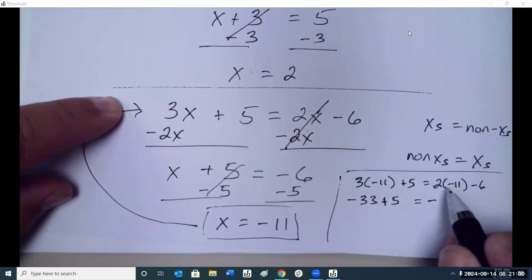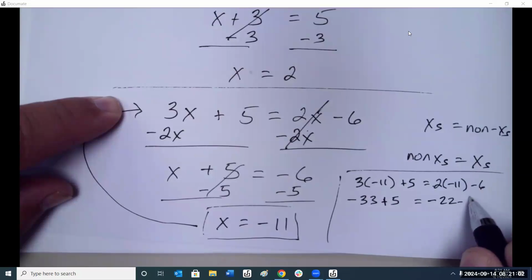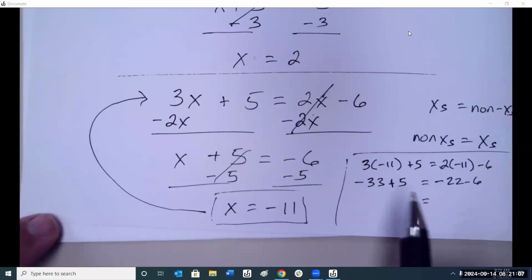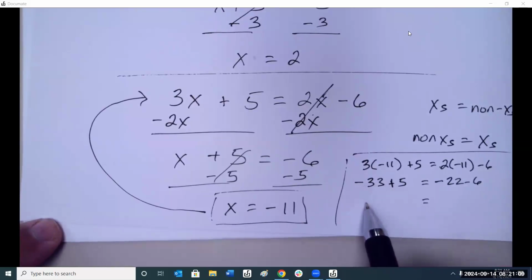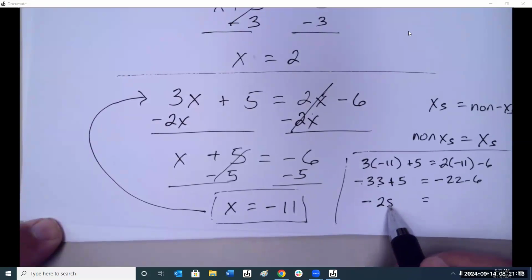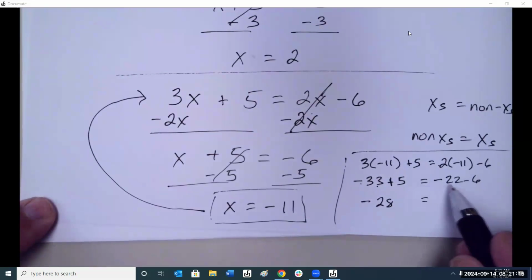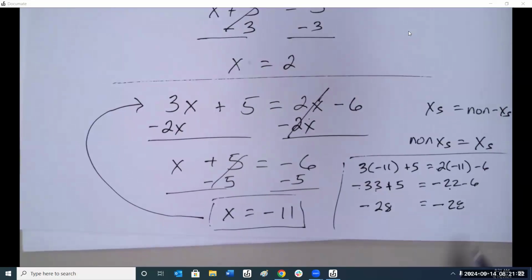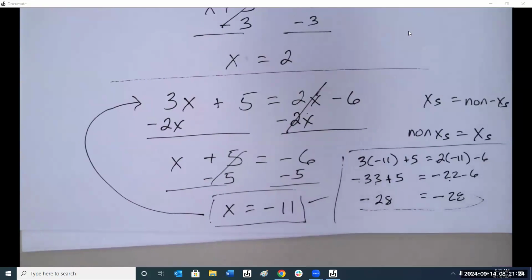Positive times negative is negative. 2 times 11 is 22. The signs are different. Take the sign of the larger. 33 minus 5, negative 28. They're both negative, so add the numbers. 22 plus 6 is 28. Because these are equal, we know that's a valid answer.